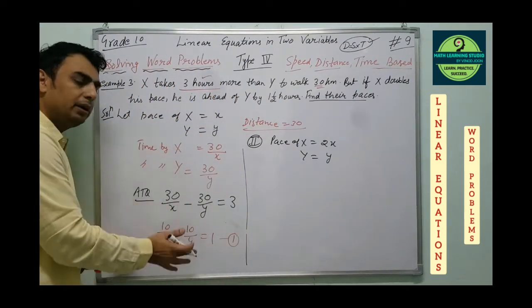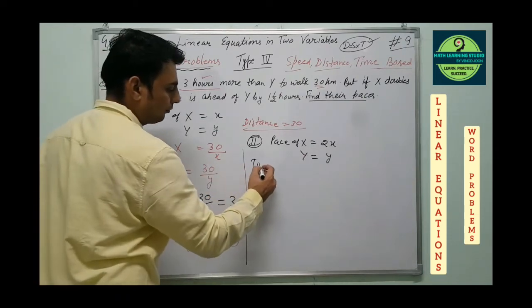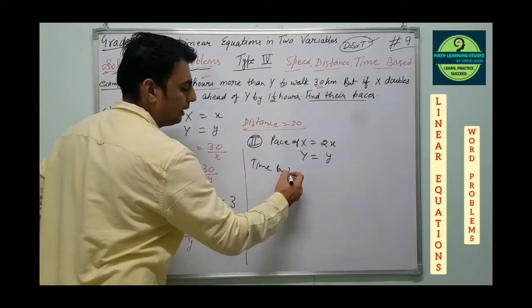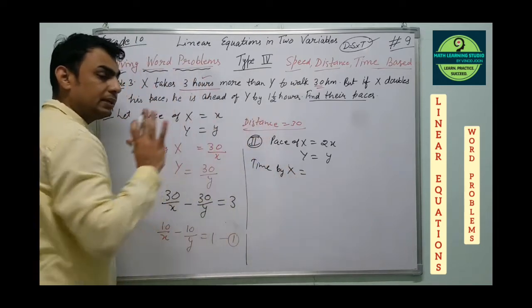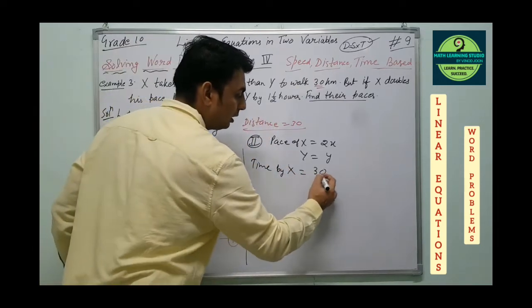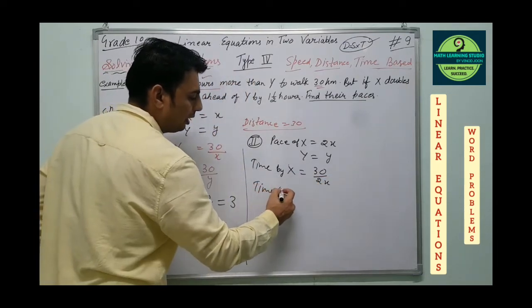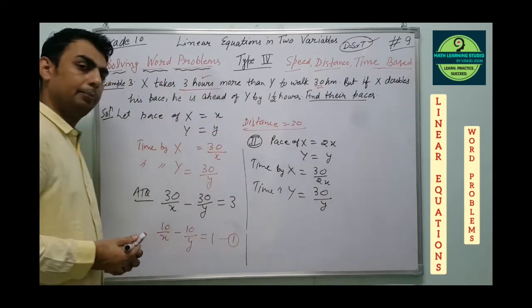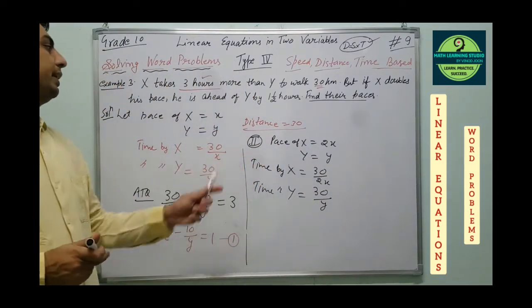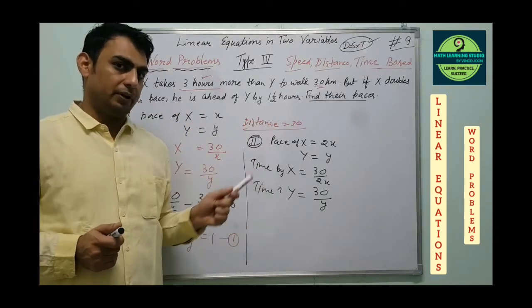And again, similarly, we'll find the times, both of theirs. So time by x will be how much? The distance is still the same, so it will be 30 by 2x. And time by y will be what? 30 by y. And now the question says, now x is ahead of y by 1.5 hours.